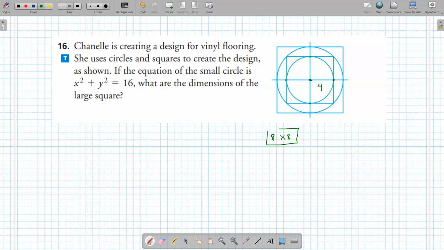A square has identical length and width, yeah? So we know the smallest one is 8 by 8. What's going to be the larger one? Remember, it's a square.